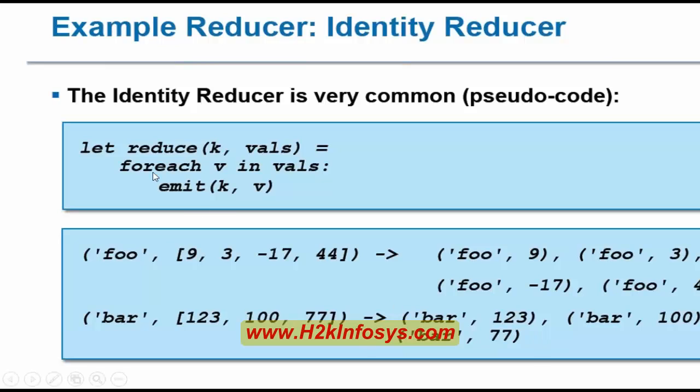So here my requirement is: for each v in values, emit key comma value. So it is just emitting separately with each of the values. That is what it's doing in this example. Foo, and here I am having different values, right?